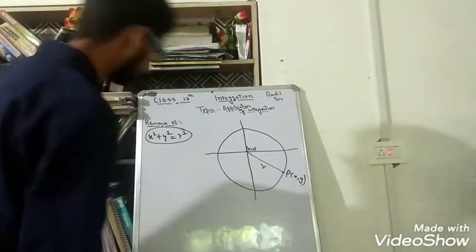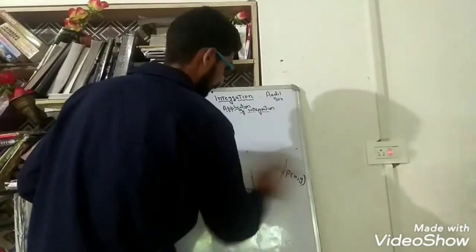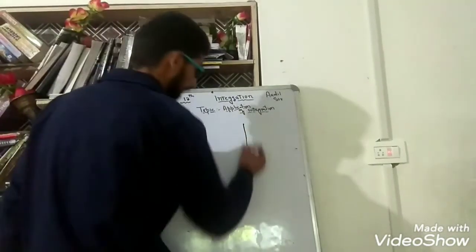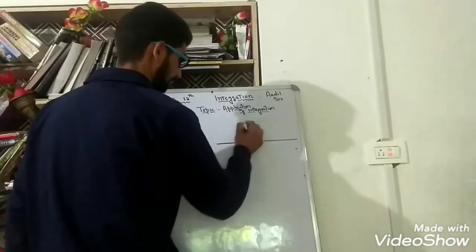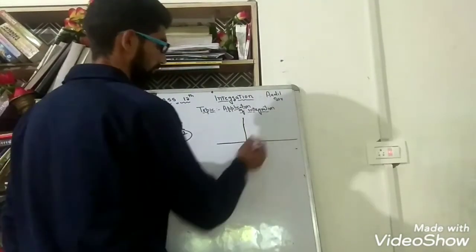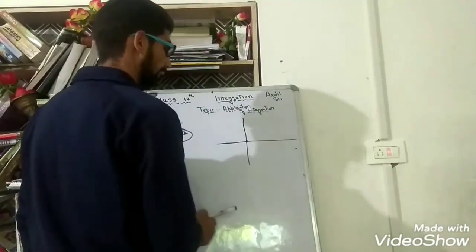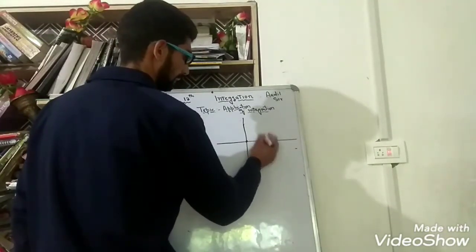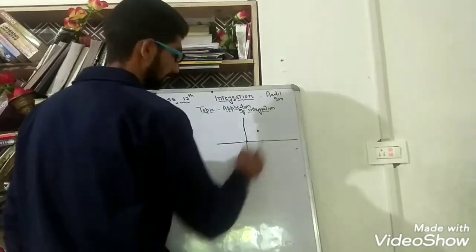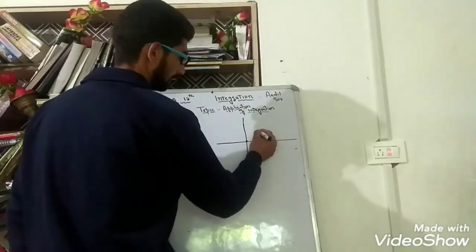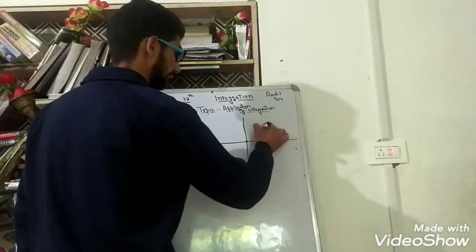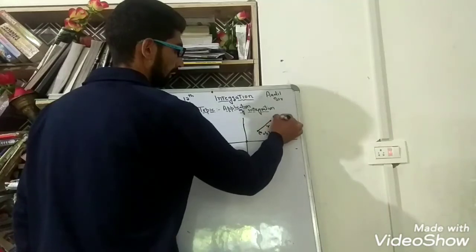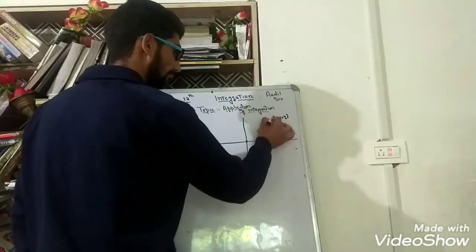Now sometimes, if we have a circle and its center is, for example, (a, b), and the radius is r, and this is my P(x, y), that means a point on the circle.